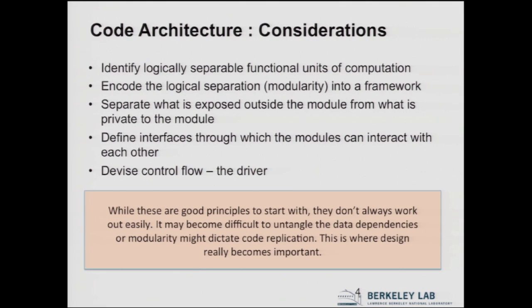Or sometimes there are so many interconnections between the two separate units that you end up moving a lot of data around, and that completely kills your computational efficiency. So you have to keep these things in mind as you're designing your code architecture.